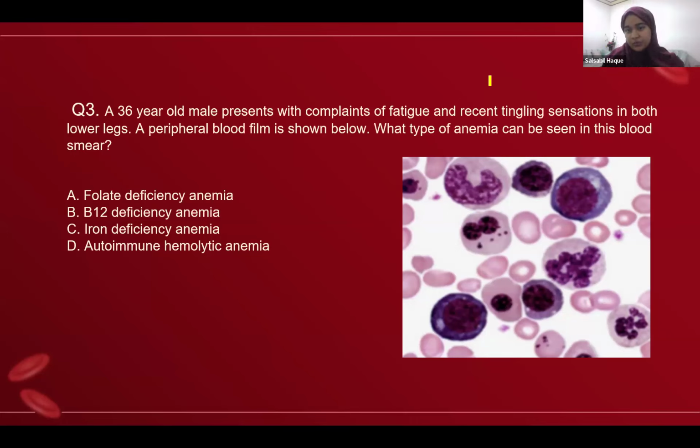So let's say a patient presented to you with fatigue, signs of anemia, dizziness, lethargy, etc. And the first thing you do is, of course, check his hemoglobin CBC. Before that, what risk factors would you look for in the history of the patient that would suggest that they would have a B12 deficiency?